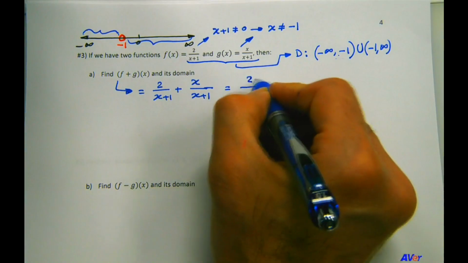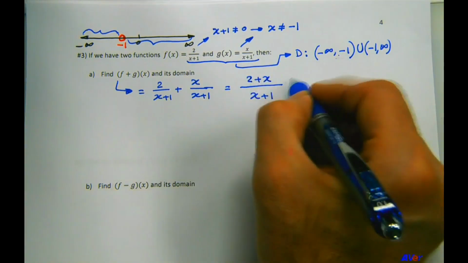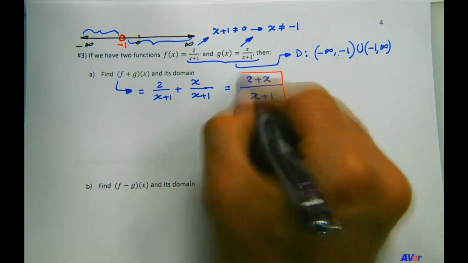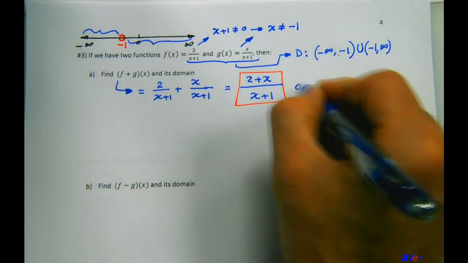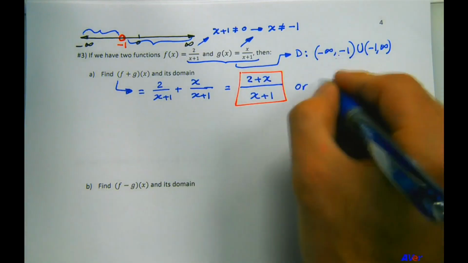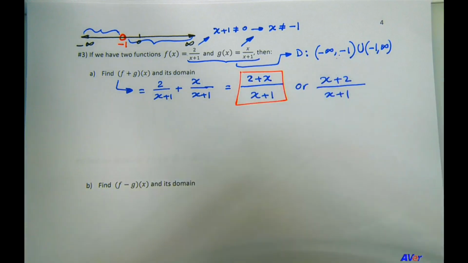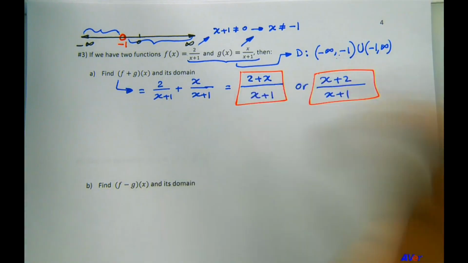So we have 2 plus x, or if you like, x plus 2. It makes no difference. But this is our combined function, or if you prefer, x plus 2 over x plus 1. Either that or this.